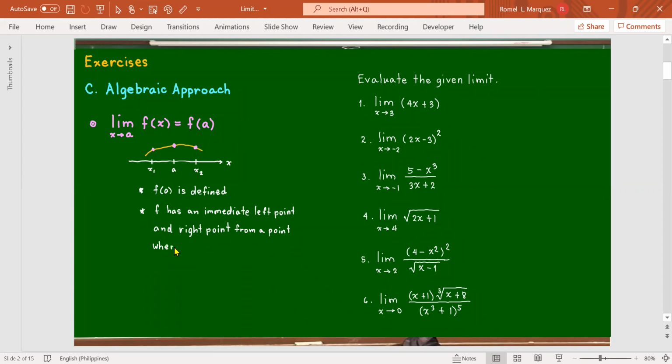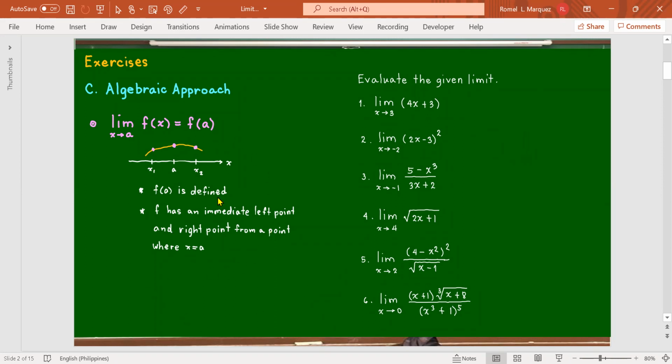Actually, this can be explained precisely in the continuity of a function. When it comes to continuity, at x equals a, it is continuous there, no? If it is continuous at x equals a, meaning there are immediate left and immediate right points, okay? So let us have the following examples.